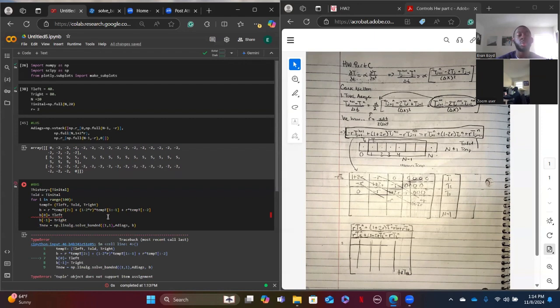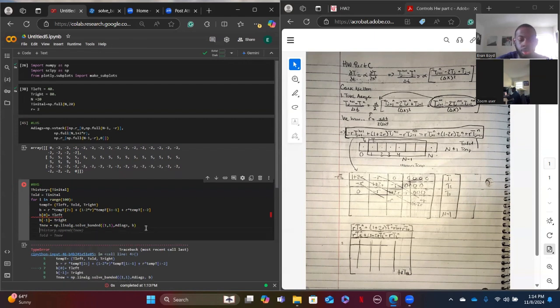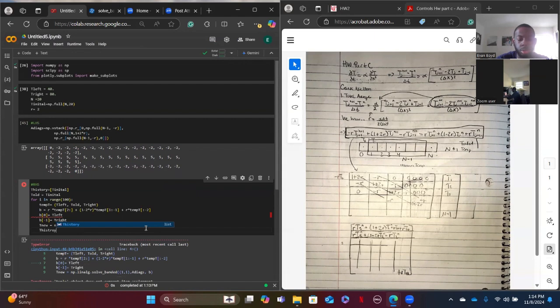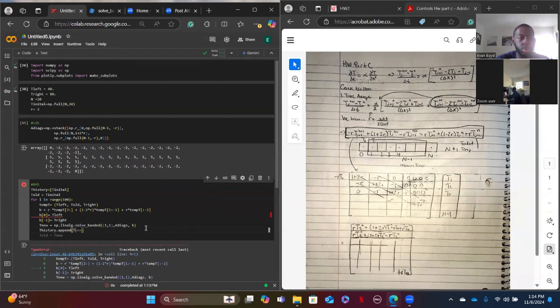So like I said earlier, we need to have our T history be appended for each new temperature that we run our series from, and we have a range of 100. So what we need to do is append, like a T history dot append, all the new temperatures.